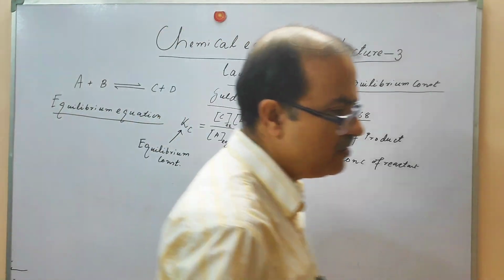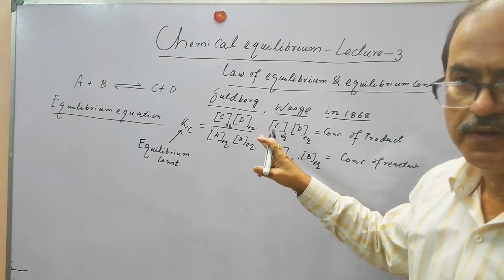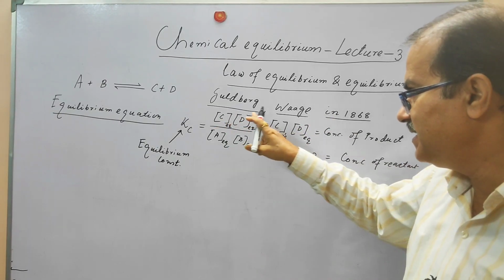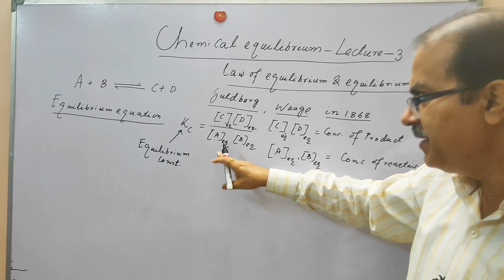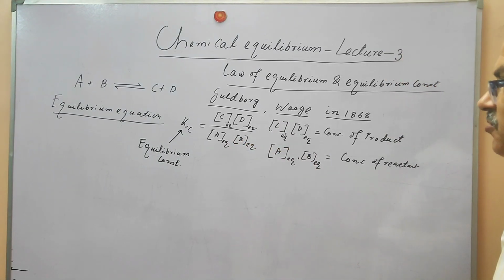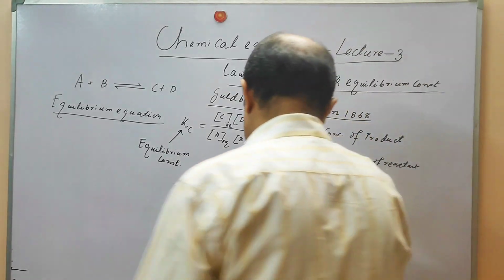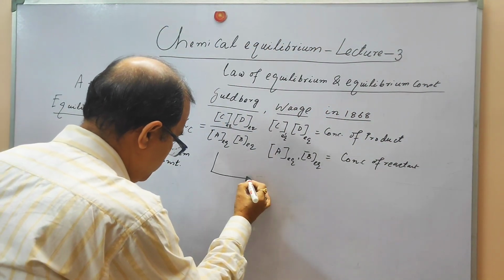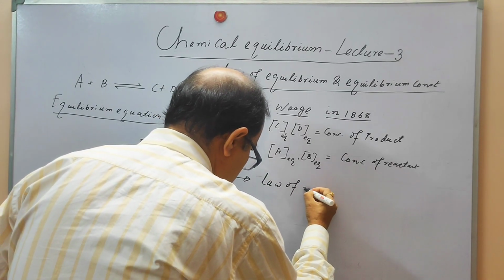In the expression, you can see in the numerator there is the product of the concentrations of the reaction products, C and D, and in the denominator the concentrations of the reactants A and B. This equation has another name: it is also called the law of mass action.